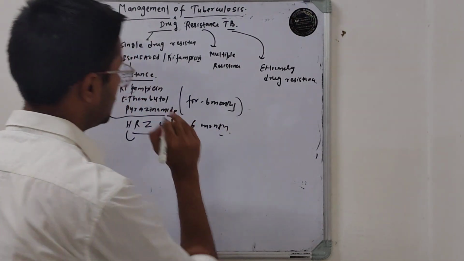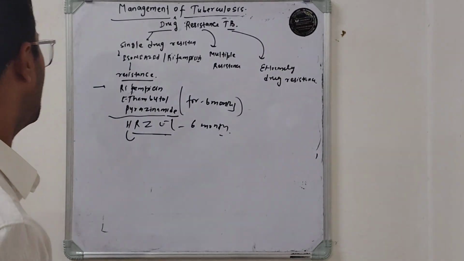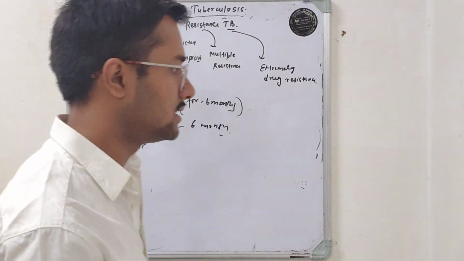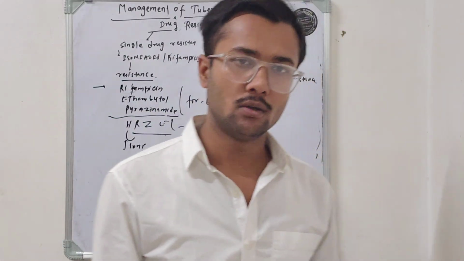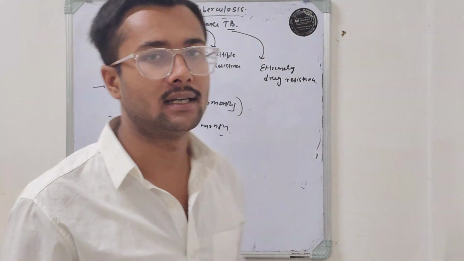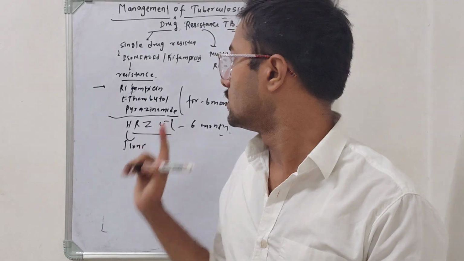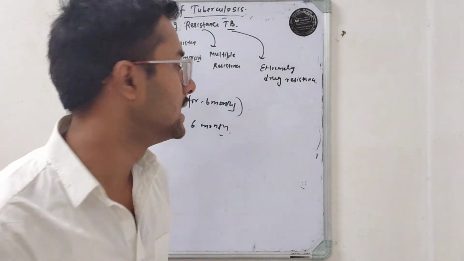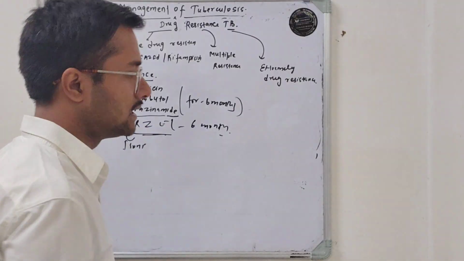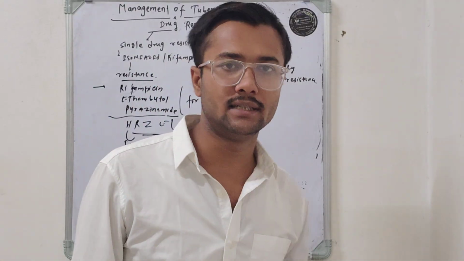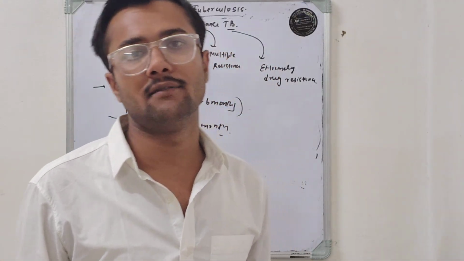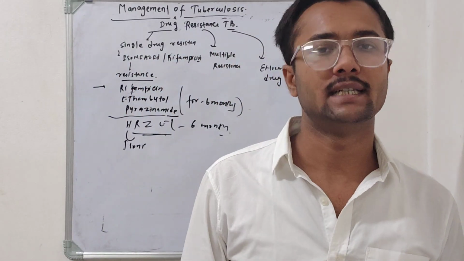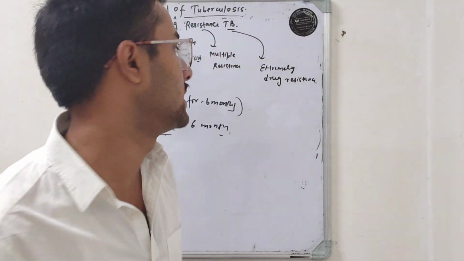Someone may ask me why we give isoniazid if the patient already has isoniazid resistance. Because in the market these three separate drugs are not available as a combination. There is a combination of HRZE, so in spite of isoniazid resistance, we prefer the HRZE combination.